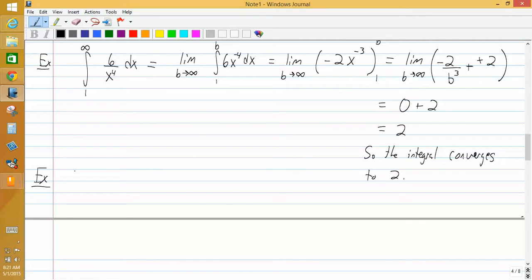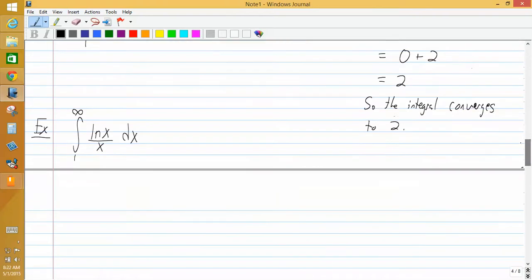Alright, let's look at this one. The integral from 1 to infinity of the natural log of x over x dx. I'm always looking for u's and du's with integrals, especially if they don't fit any formulas right away. If I let my u here be natural log of x, then my du is 1 over x.